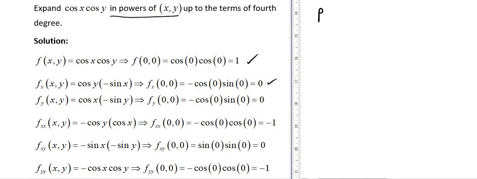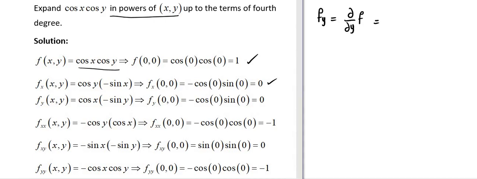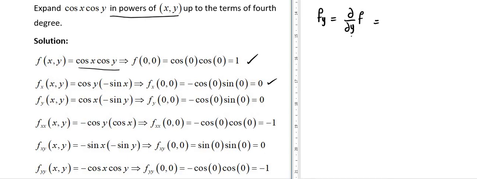Next, fy. fy means dou by dou y of f. Our f is cos x into cos y. We are differentiating with respect to y, so I am keeping cos x outside and the remaining cos y inside the differentiation.